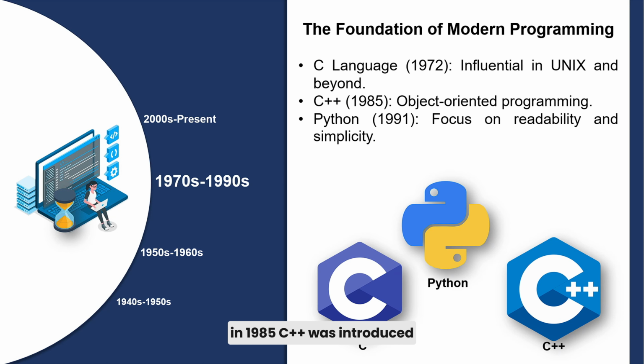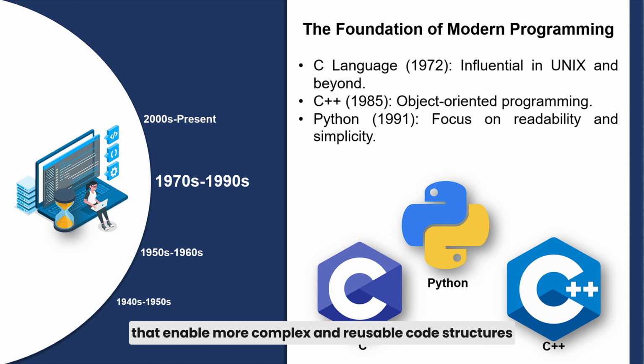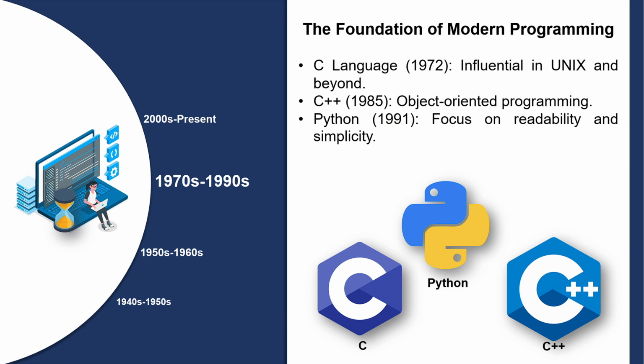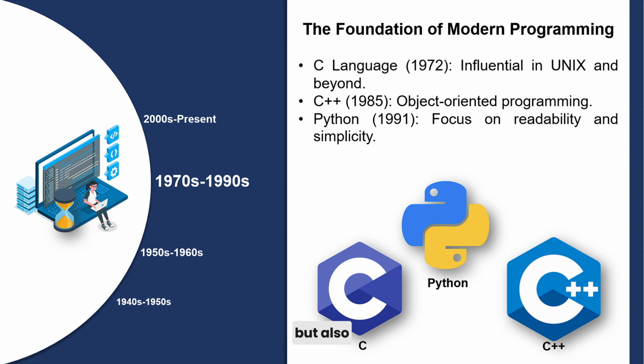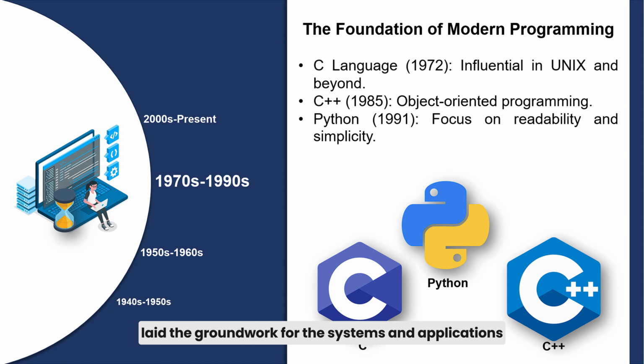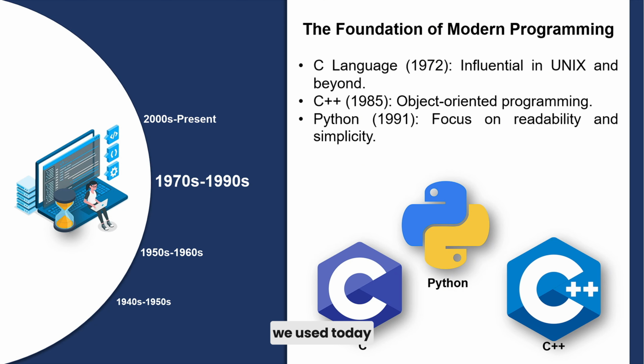In 1985, C++ was introduced, adding object-oriented features that enable more complex and reusable code structures. Then, in 1991, Python was created with a focus on readability and simplicity, quickly becoming a favorite among programmers for ease of use. These languages not only shaped software development, but also laid the groundwork for the systems and applications we use today.